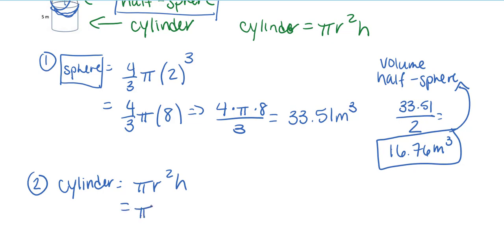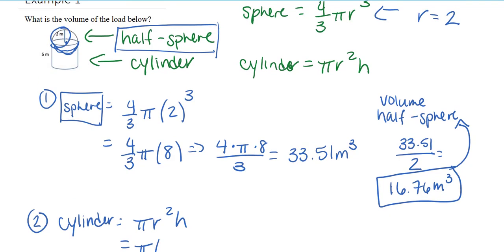Now, pi stays the same. Our r is actually the same as the other one because it's the same structure. If you were to go back, this radius can go from here to here, so that would be 2 squared. And now we have the height, which is 5.